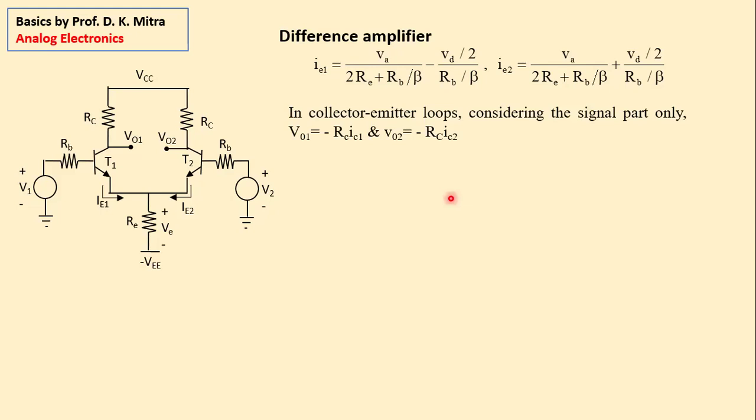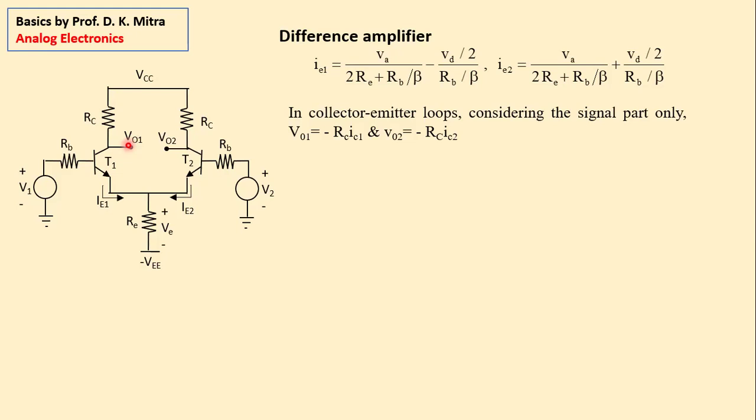Now, we have analyzed the input side, that means the base emitter loop. Now we go to the collector emitter loop. You please remember from your basic common emitter amplifier circuit, the voltage here is equal to VCC minus RC IC, where this IC that I am calling is AC plus DC current, quiescent current plus signal current.